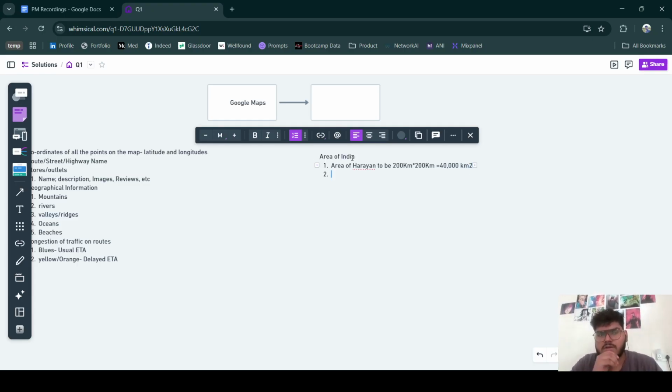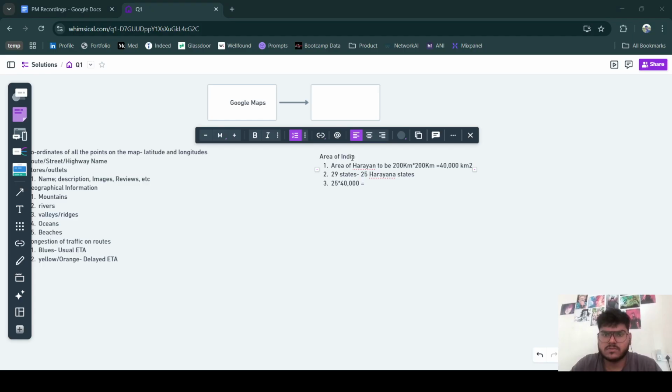Okay, so assuming that we have 29 states, some states are larger than Haryana, some states are very much smaller than Haryana. If we average it out, we can accommodate around 25 Haryana-sized states in India. It's an assumption. So the area of India is going to be 25 times 40,000 kilometers square.